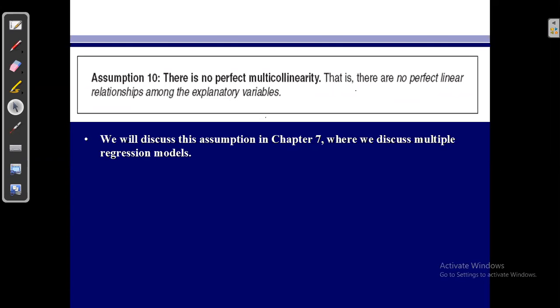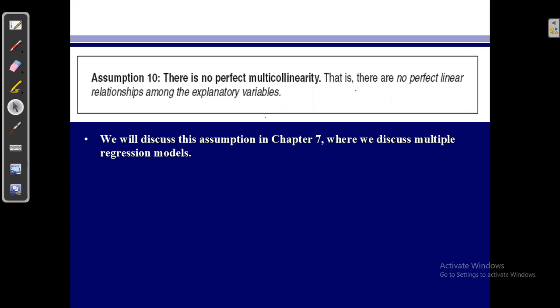One thing that I should quickly clarify is that, in comparison to the last 9 assumptions, assumption number 10 is talking about a multiple regression model. So assumption number 10 would not make any sense if you are dealing with a simple regression model, which means if there is only one x variable in your model, then forget about this assumption number 10.